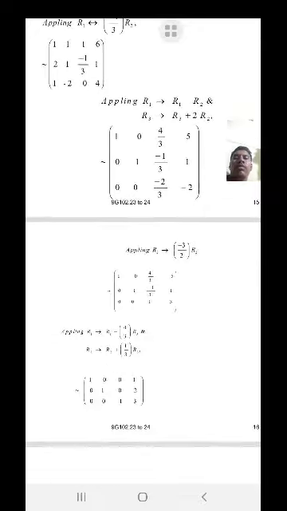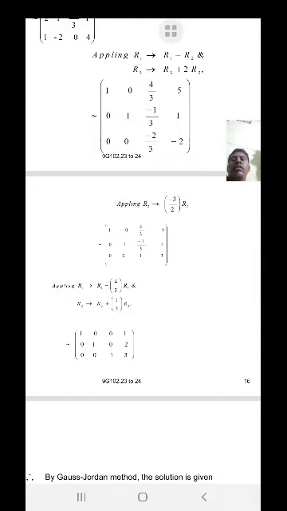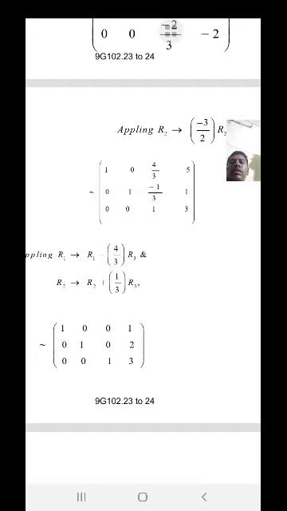Applying R3 gives minus 3 by 2 into R3. That is identically equals to 1 0 4 by 3 5, 0 1 minus 1 by 3 1, 0 0 1 3. Applying R1 gives R1 minus 4 by 3 into R3, and R2 gives R2 plus 1 by 3 into R3.